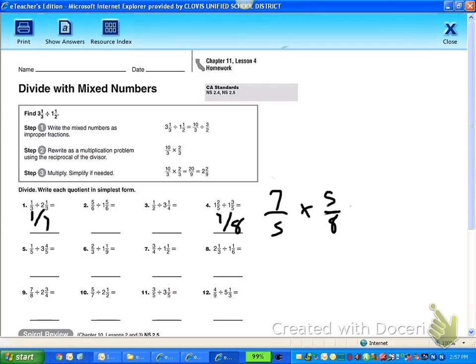I haven't really talked about cross canceling because we don't really do that much, because you can't always cross cancel fractions. In this instance we could. For example, we're going to cross out the 5 and the 5, and all we have left is a 7 and an 8.